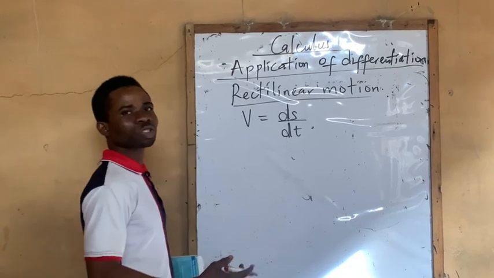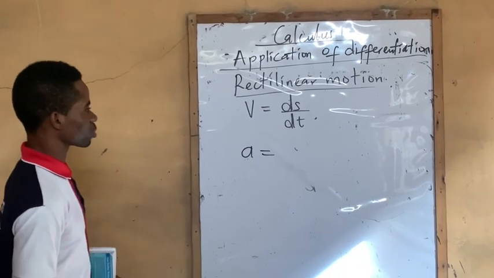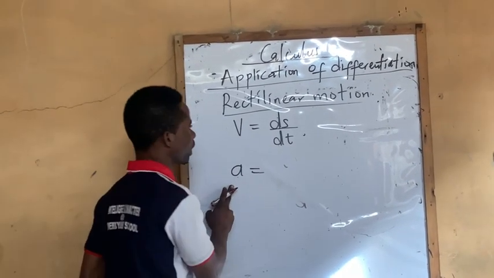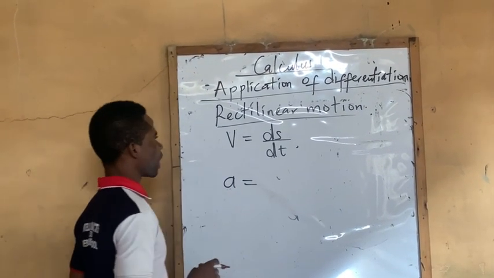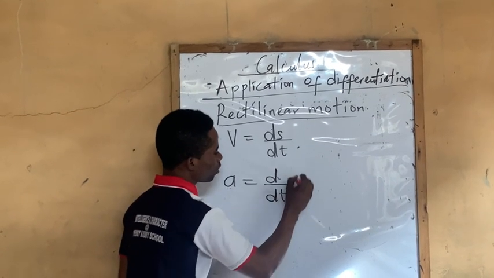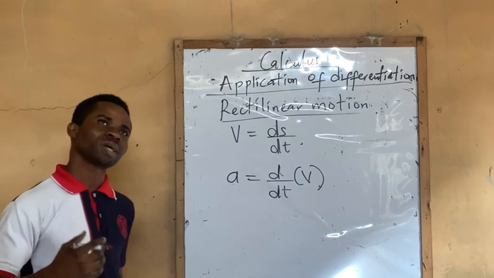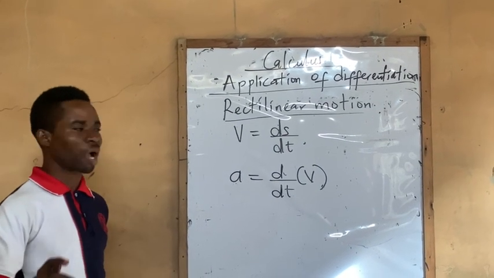But if they ask for acceleration, we represent acceleration by small letter a. I can differentiate velocity once more, because acceleration is the time rate of change of velocity.